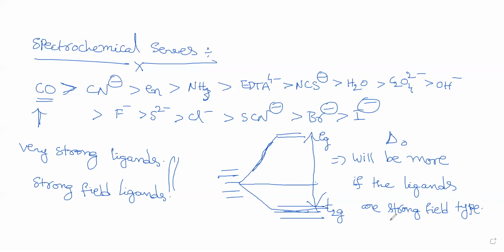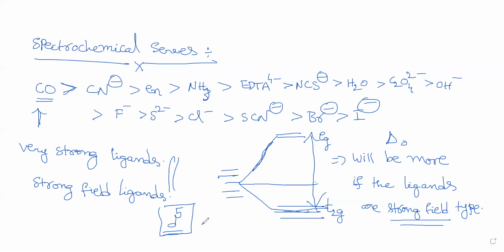So what if they create the strong field? I tell you one thing. Suppose the central metal ion is D5, assume the central metal ion has a D5 system. Suppose it is strong field.